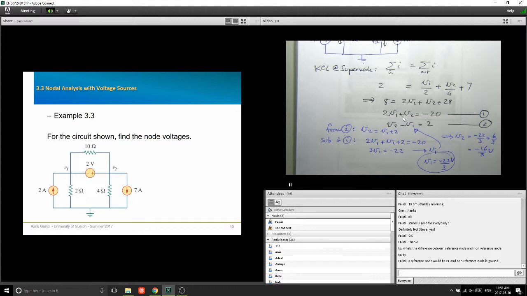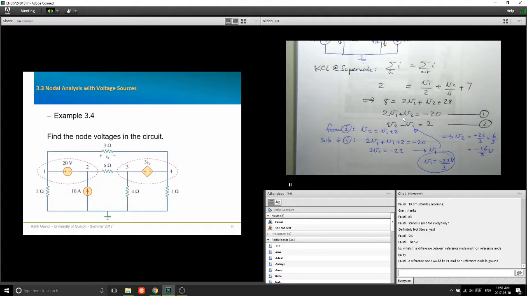I'm going to do one more. You can also use the concept of supernodes if you have a dependent source or a controlled source.